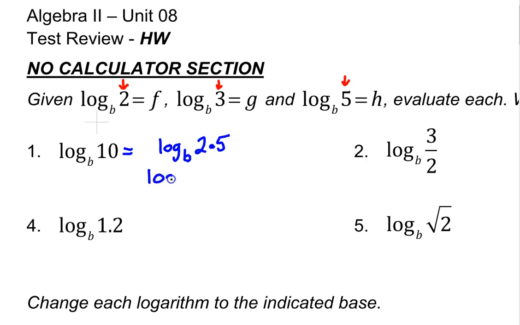So this will equal the log of 2 plus the log of 5. And then we just look to see what those each equal. Log of 2 here equals f, and then log of 5 equals h. So the answer will just be f plus h.